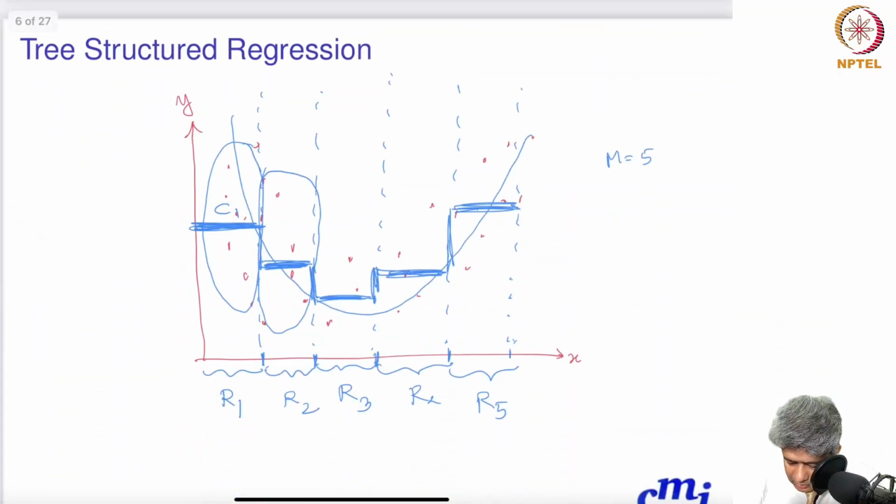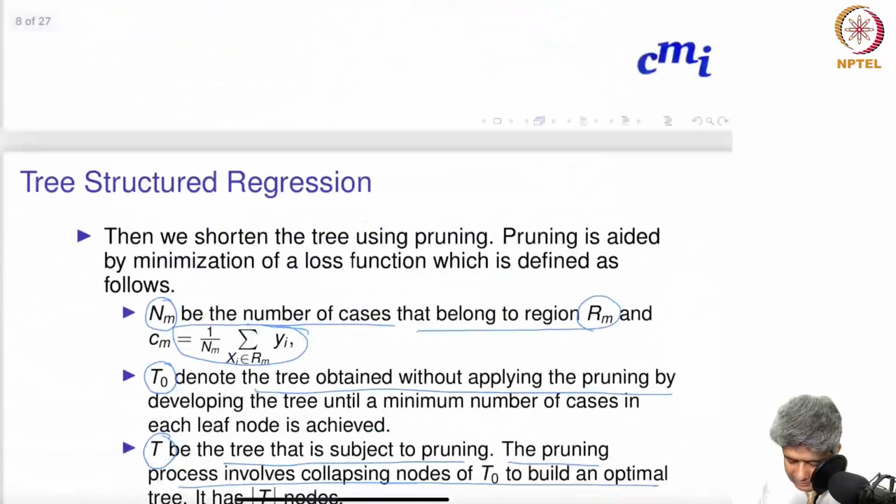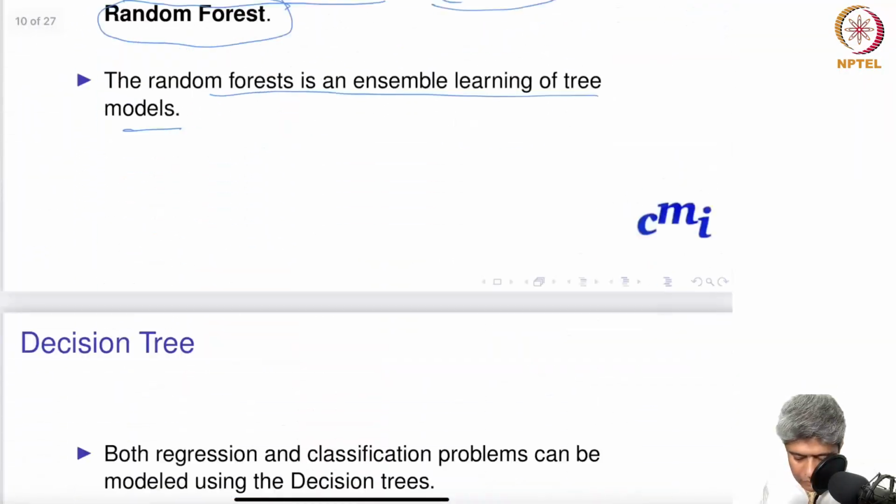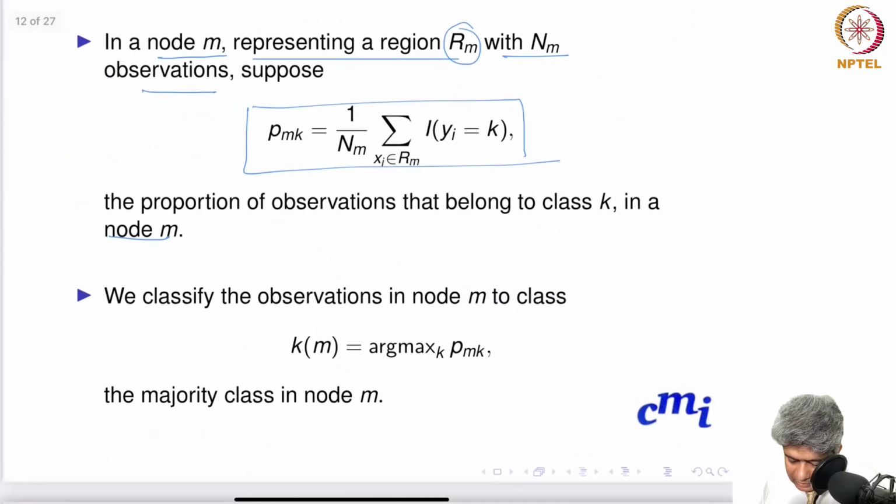Here it is. This is one region. In that region, how many points are there? You just take the average of those points on y. That is exactly what this is talking about.